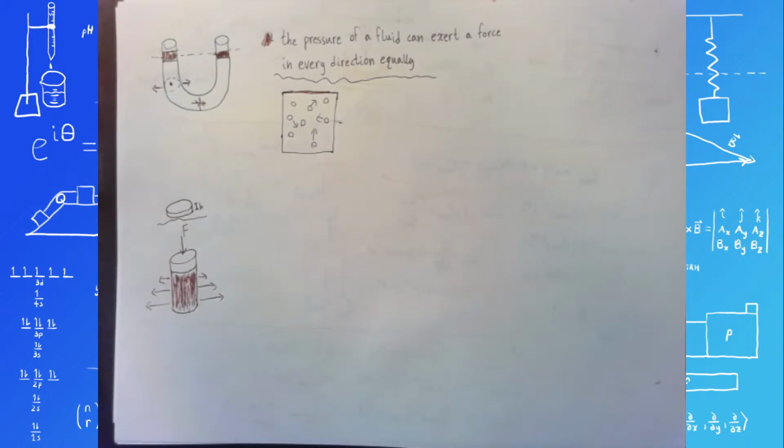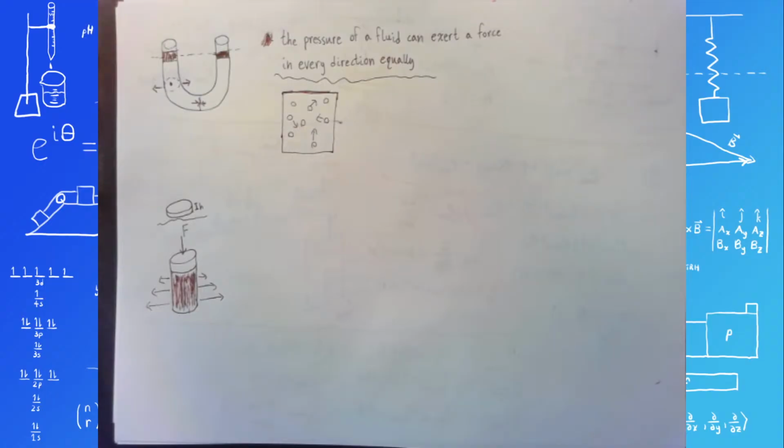And this is why we don't really define pressure as having a direction. I mean, the force that results from the pressure has a direction. It's going to be perpendicular to the area of the surface that the pressure is acting on.